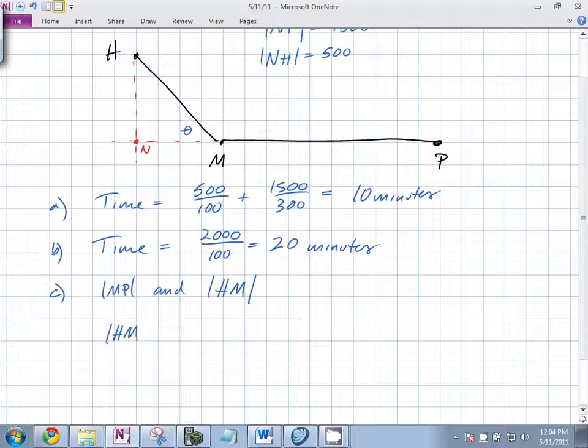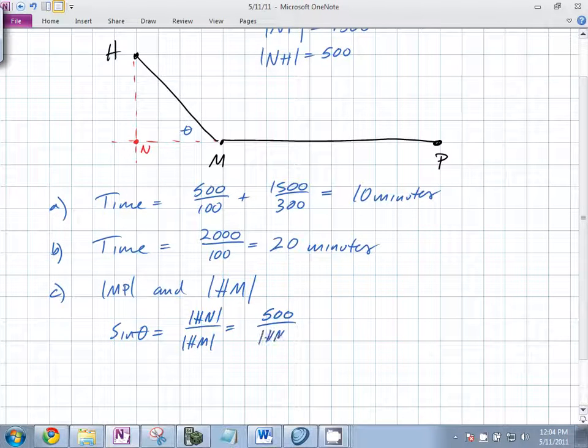Now, what's one way you can find HM, what trig function could you use? And please don't open your mail. Thank you. Yes? Sine, yeah. Sine of theta is equal to what? HM opposite, so HN over, and what is HN?